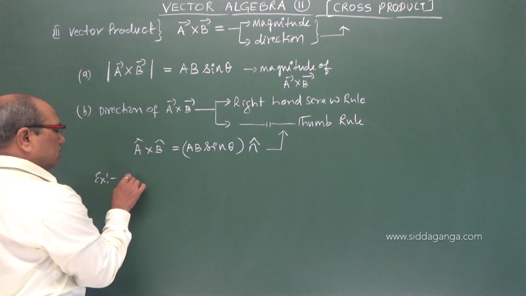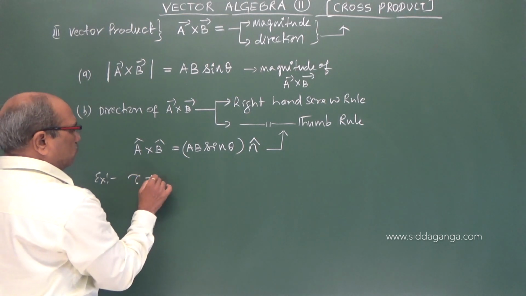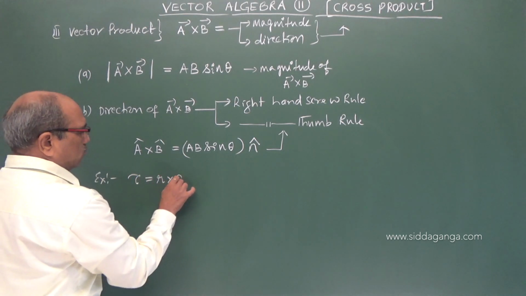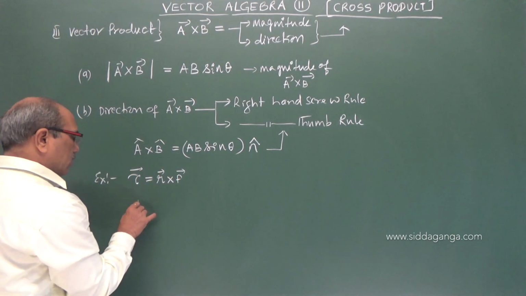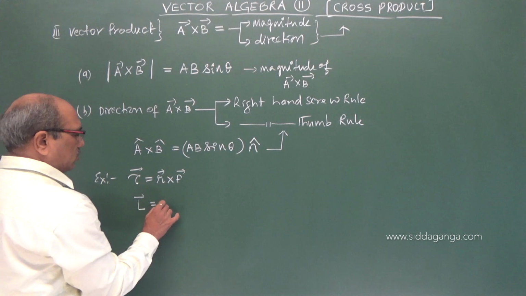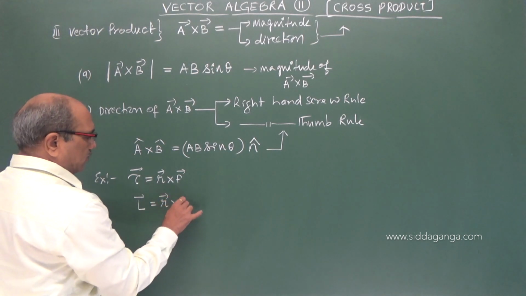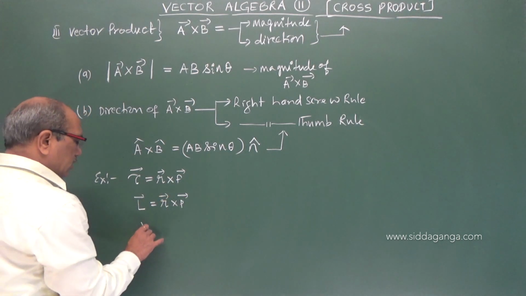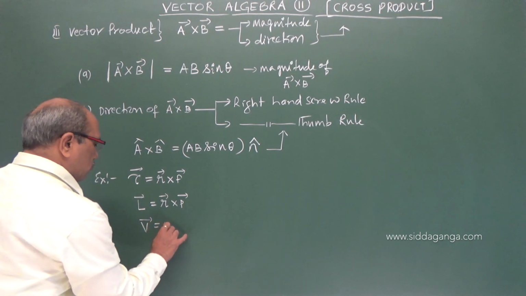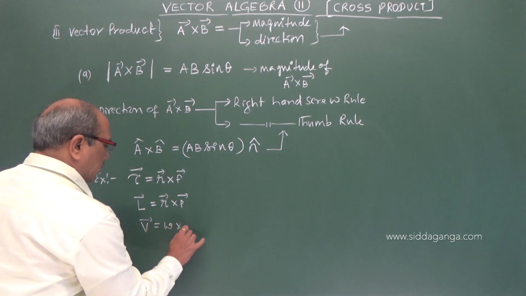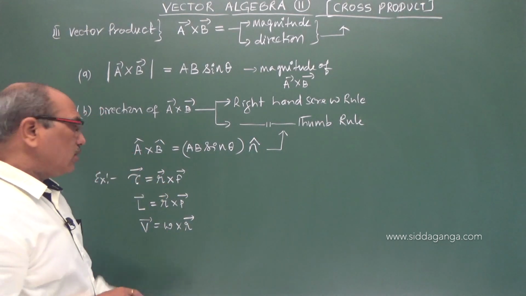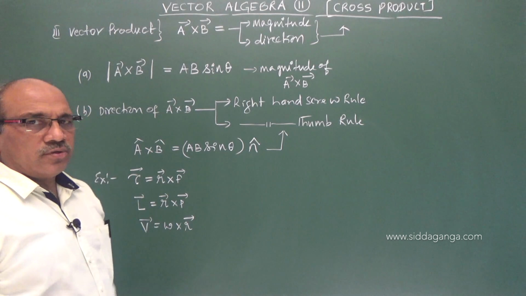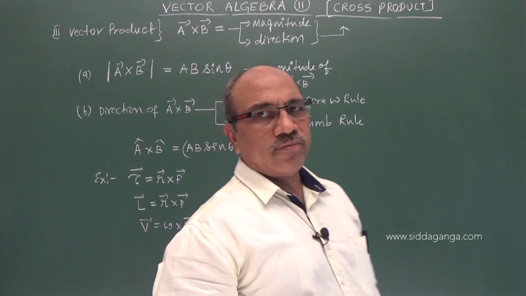You have studied torque, rotational force, R cross F, or you can take angular momentum in rotational motion, R cross P, or even linear velocity connecting to angular velocity, omega cross R. In all these cases, along with the magnitude, the direction is a must.